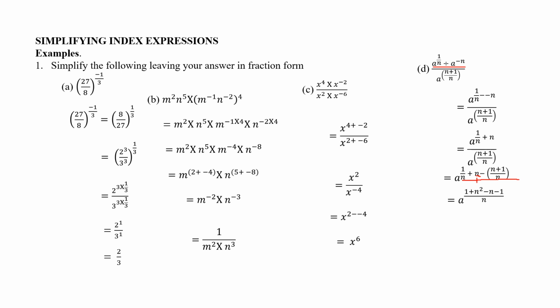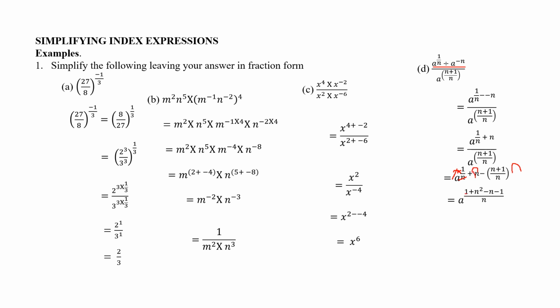When we multiply through by n, the multiplication of n applies to each term. The n here is going to cancel with that n right there to have a 1, which is here.